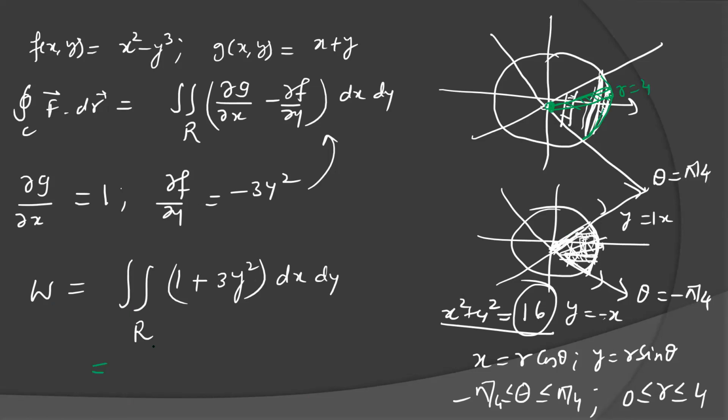So the double integration now will become theta equal to minus pi by 4 to pi by 4, r equal to 0 to 4, 1 plus 3 r square sine square theta, and dx dy. Remember this point, when you put x equal to r cos theta, y equal to r sin theta, dx dy is r dr d theta.